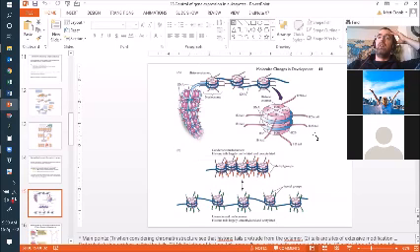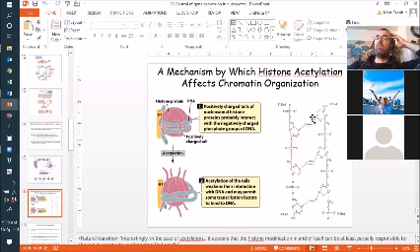That's where all these changes occur. The actual bodies of the histones that are inside the nucleosome are not modified at all. It's always the tails. The tails are modified because of their interaction with the negatively charged backbone of DNA.